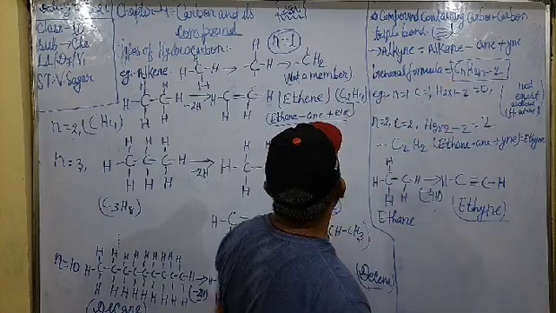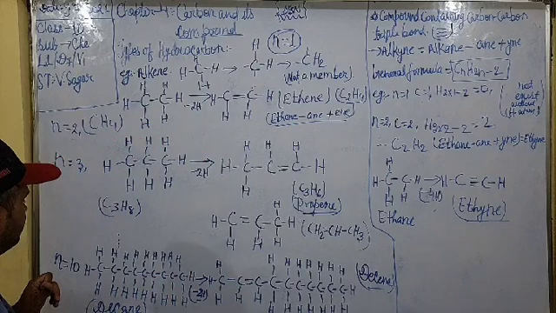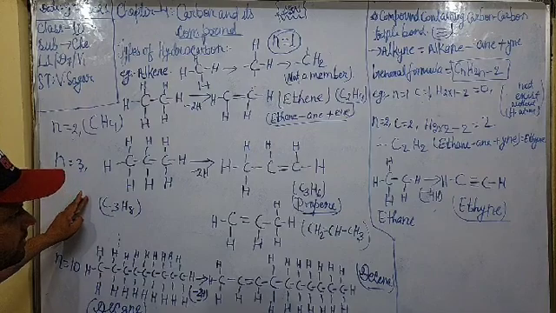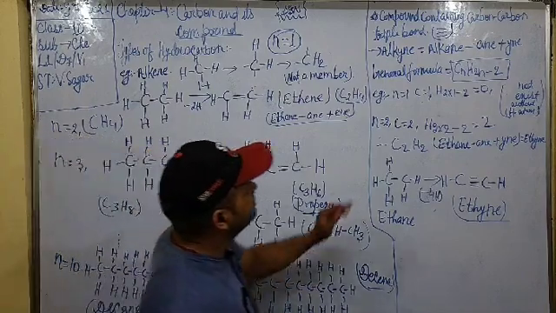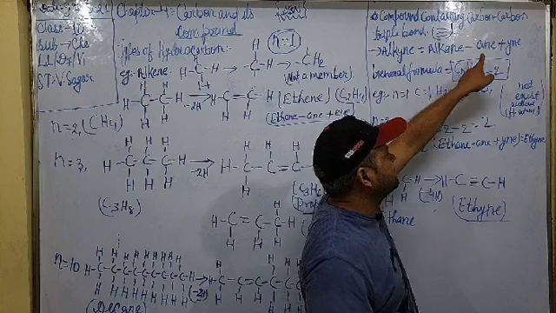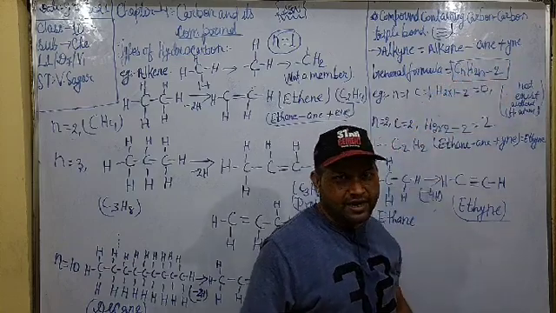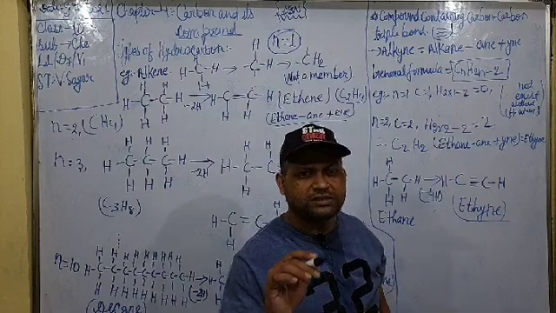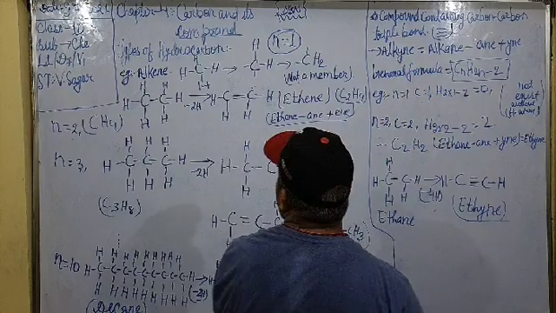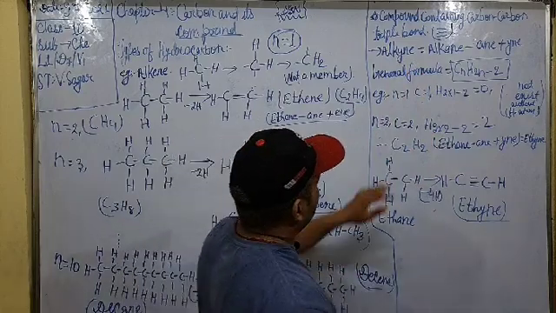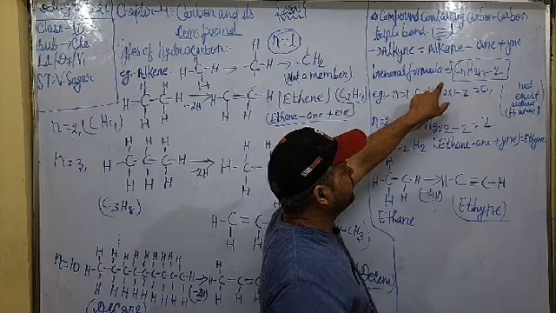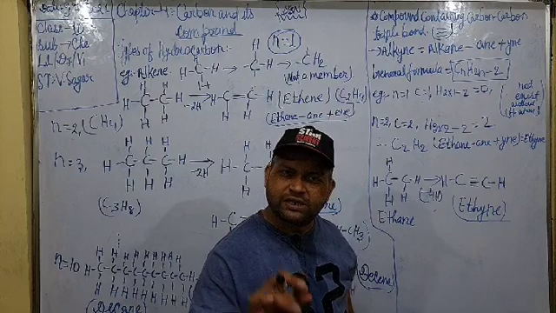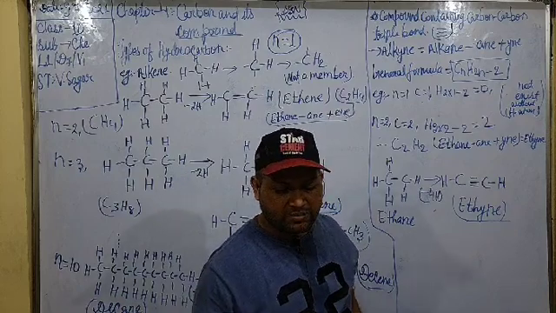And I have written here some examples: alkane minus 'ane' plus 'yne', then we get alkyne. The general formula of alkyne is CnH2n-2. Understood? Once again, triple bonded carbon atoms.